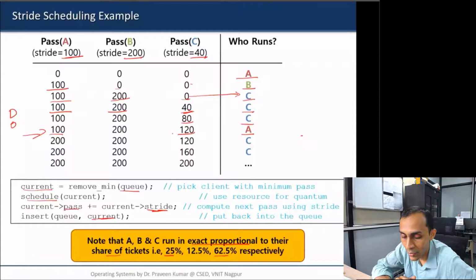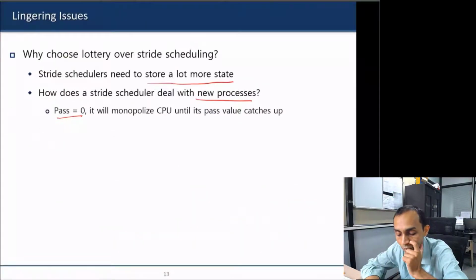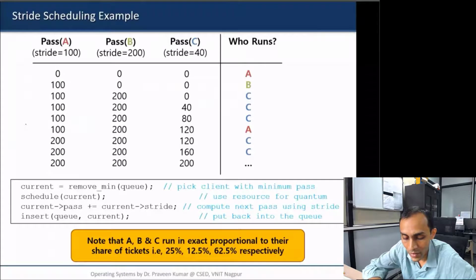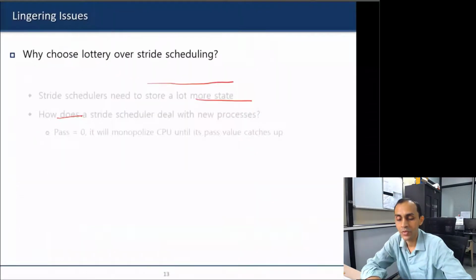So it can tend to monopolize the CPU for some point of time. Other processes will have to wait, so it can affect the interactiveness of the other processes and so on. There are ways to deal with this also. The Linux scheduler does something about it, and we'll see how when we come to that.